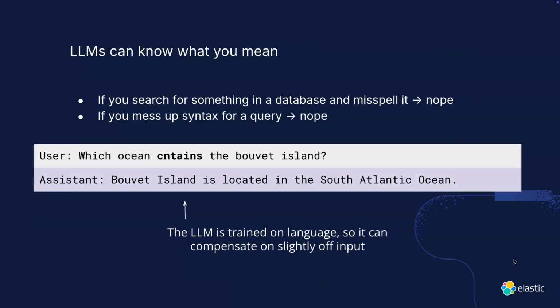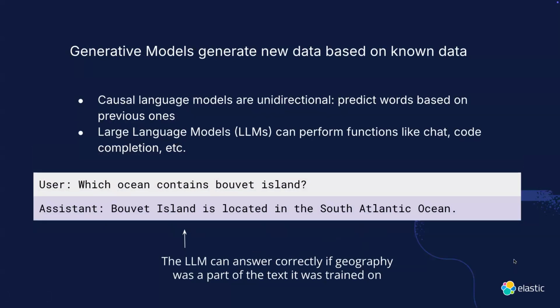If it's seen that information before, then it will be able to correctly answer that question, or it's likely to. And the reason I say that is if that text was in the data it was trained on, because a general model does not need to be specifically trained for geography or specifically trained for your favorite Nasi Lemak recipe or whatever.